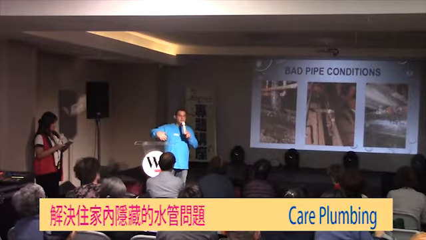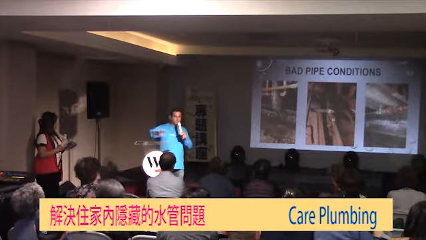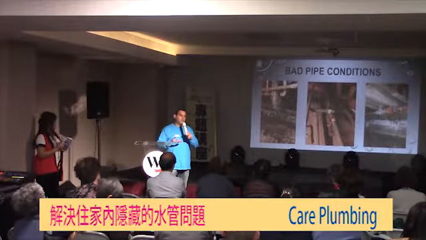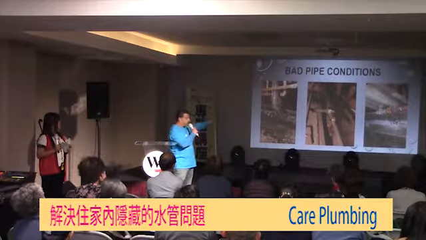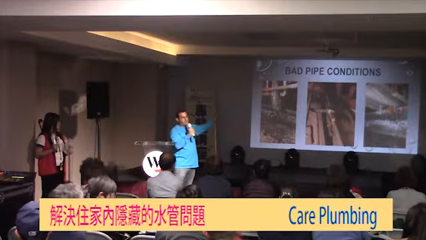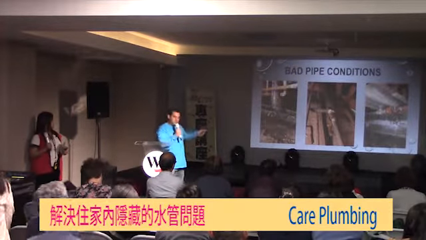But over some time, the friction of water will wear out the zinc coating, and it will expose the iron pipe to water, and it will oxidize. The middle picture shows the oxidation from outside. Inside of the pipe is the same scenario.